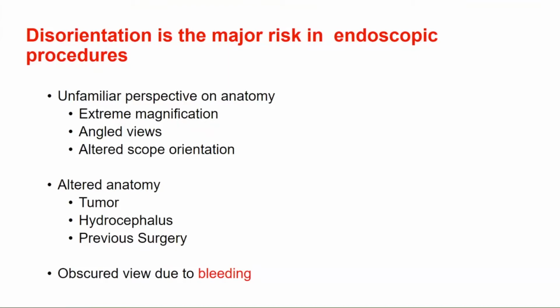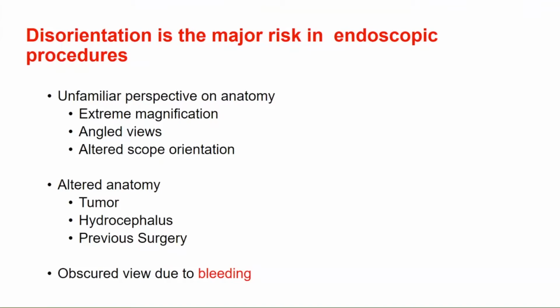The angle views can be a problem too. With a 0-degree endoscope, which is basically fixed, and the one that we use as an Aesculap or little LOTTA scope, disorientation is less likely. But with a 30 or maybe a 70-degree scope, that can significantly change the angle at which you're viewing your surgical view.